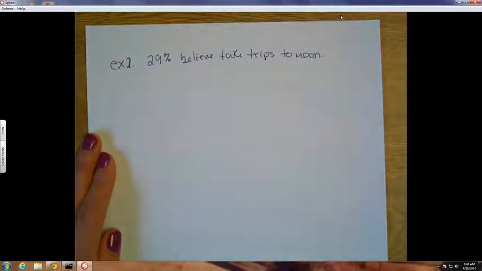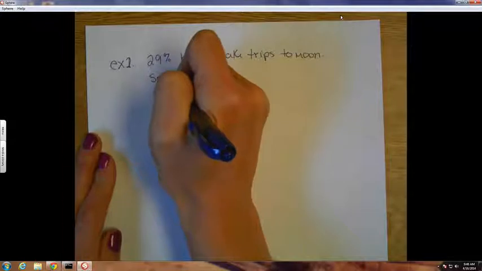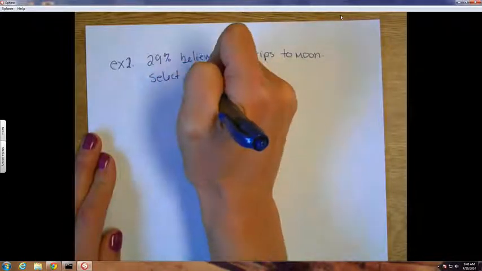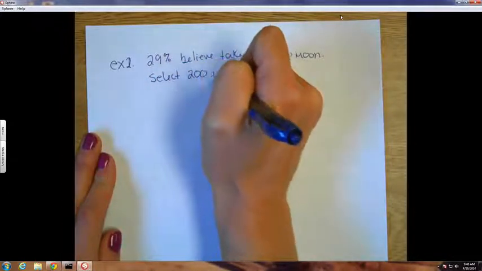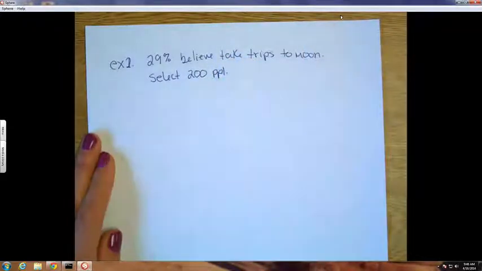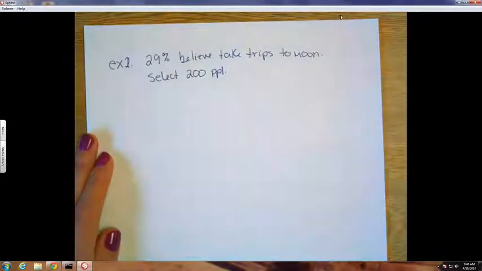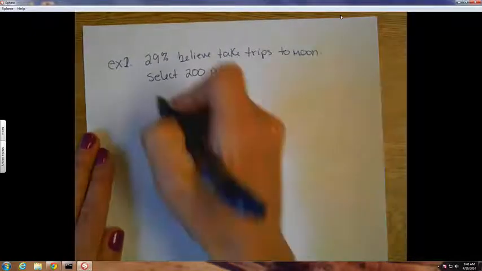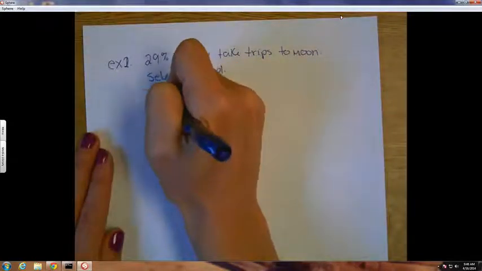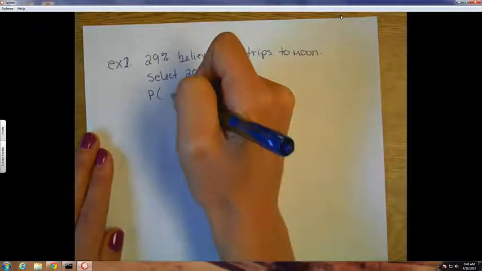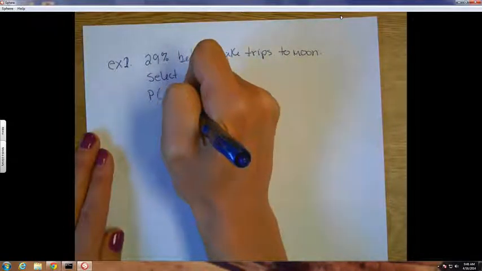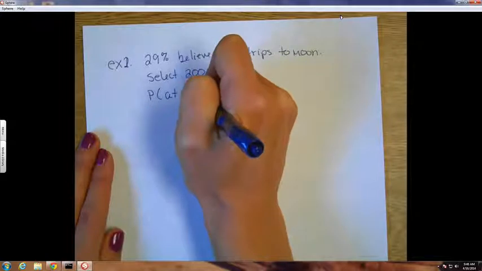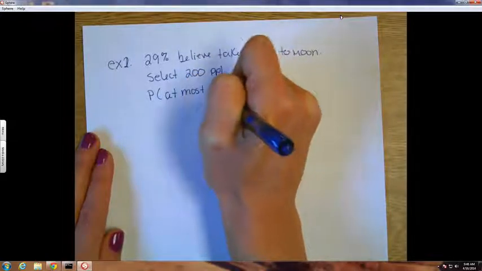You are randomly going to select 200 people, it's a big survey, and ask them, do you think you're going to be able to see people take trips to the moon? I want you to find the probability that at most 65 people say yes.